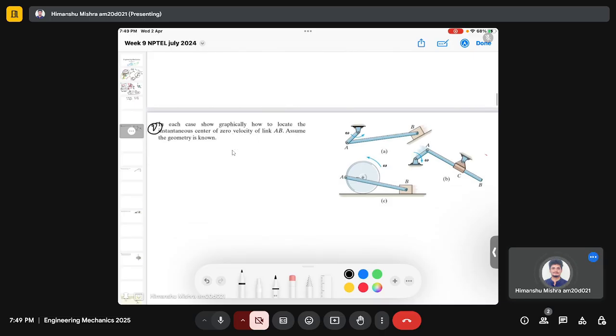So let's first consider case A. So we need to identify the instantaneous center of link AB. So basically we need to identify the direction of velocity of points A and B.